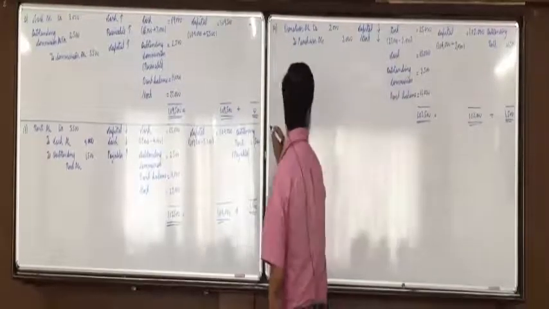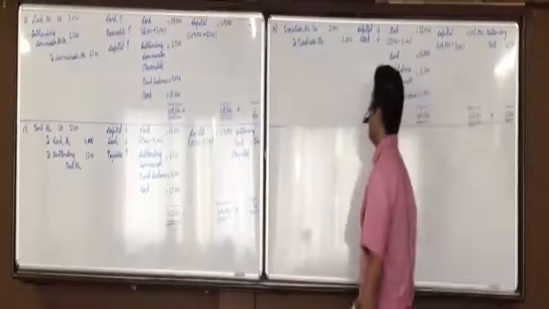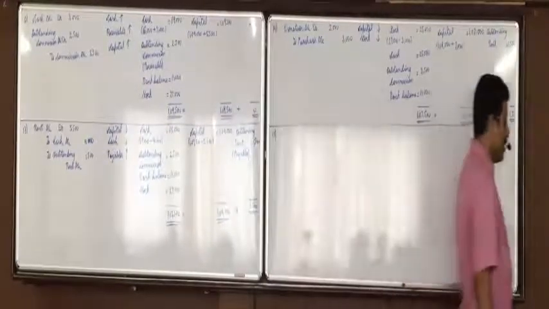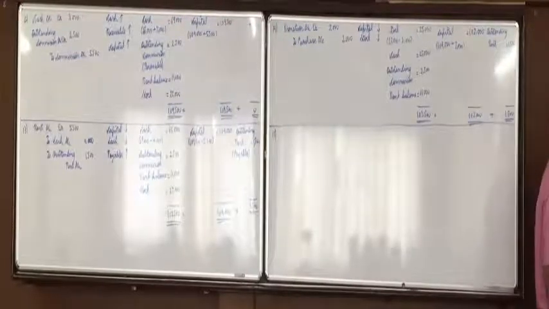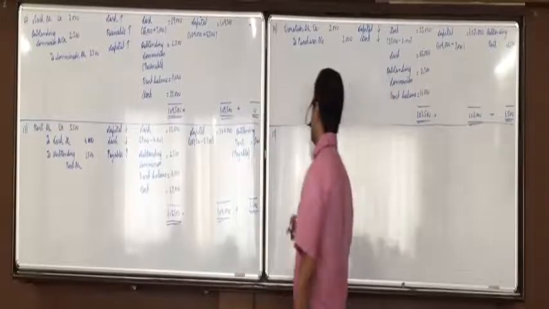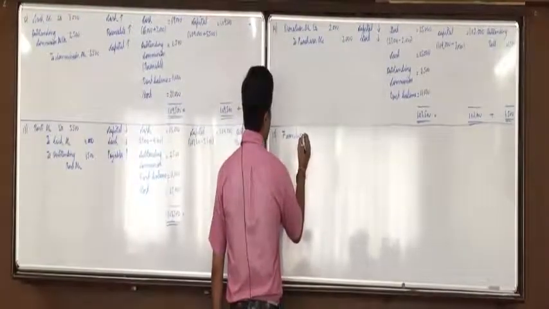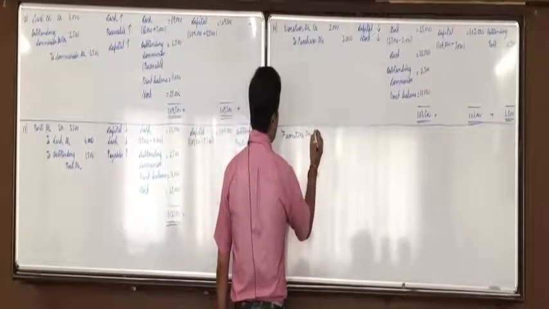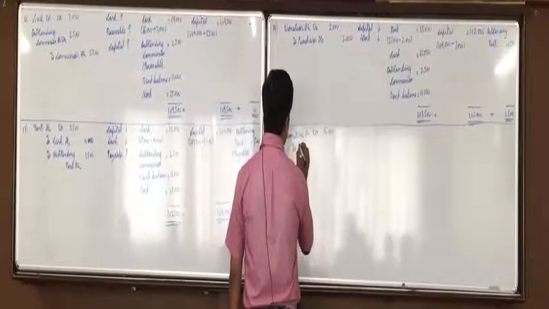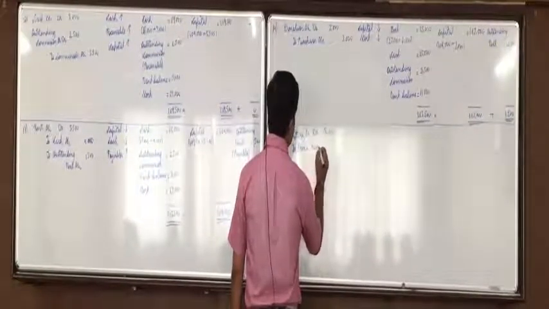Furniture purchased from Preksha Furniture Mart 15,000. Do you all get this entry? So furniture account debit 15,000 to Preksha Furniture Mart account 15,000.